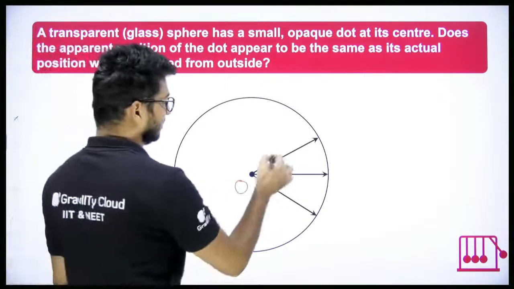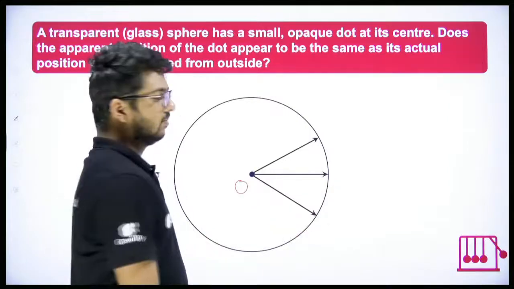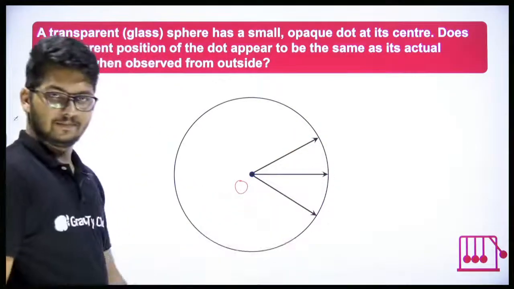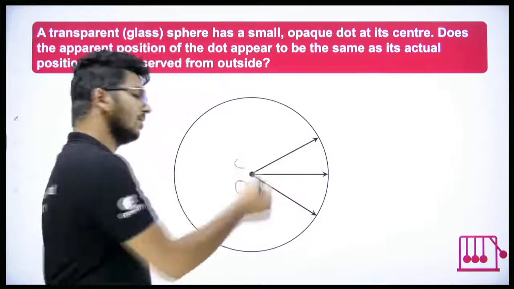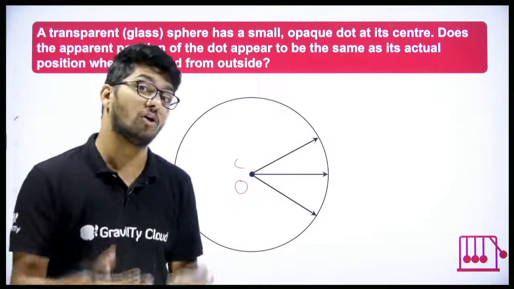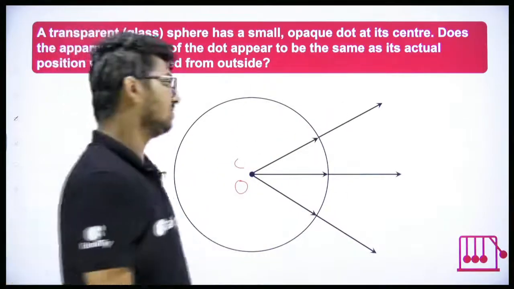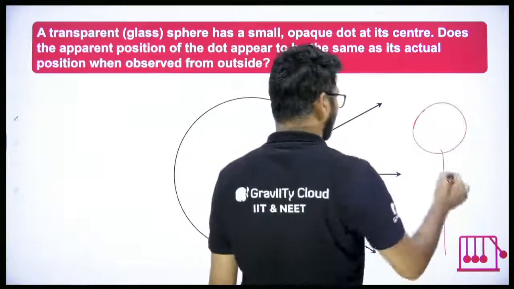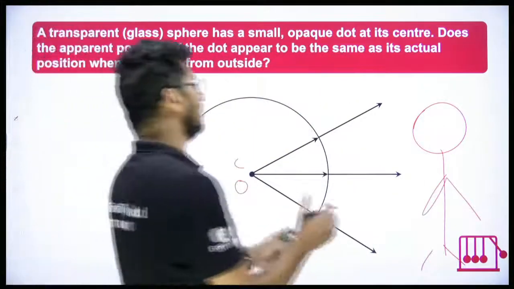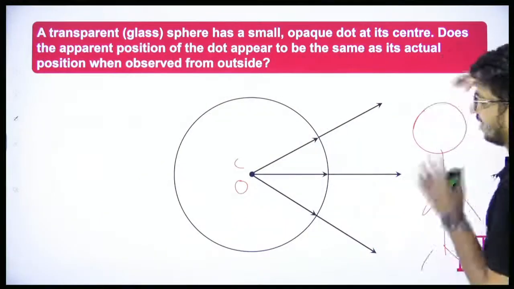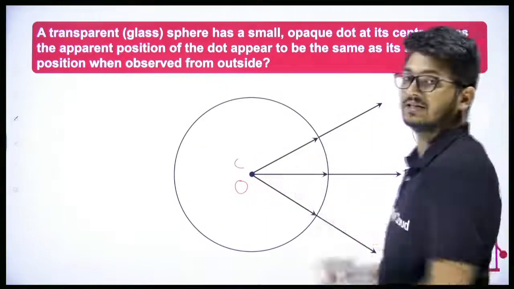This is the object. Let's say these are the incident rays, three incident rays falling on this surface. But interestingly, at every point the normal is also along the same line because it passes through the center. It is the case of normal incidence, so refracted rays will also be like that. If there is any observer here who looks at the refracted rays only, that observer will think that when I extend them back, they meet at this point.